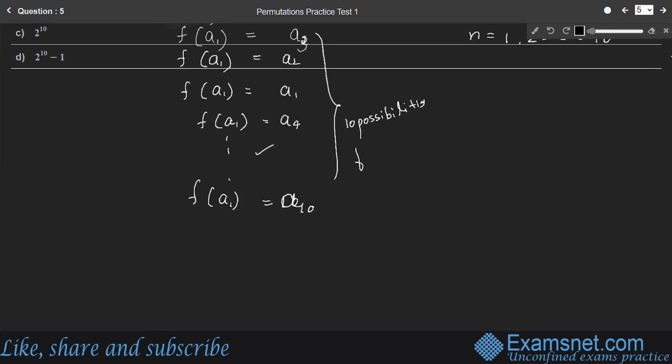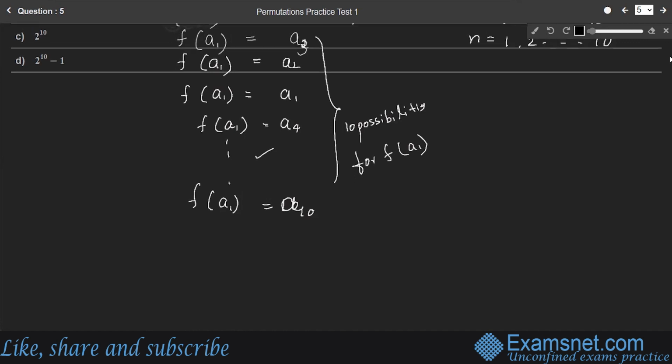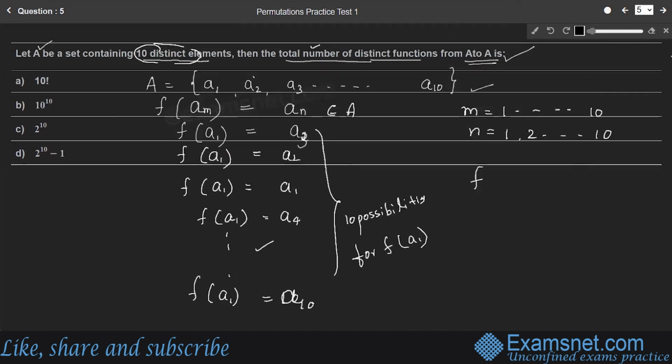In the same way, for f of A2 also, there are 10 possibilities. For f of A3, there are 10 possibilities. Up to f of A10, there will be 10 possibilities.